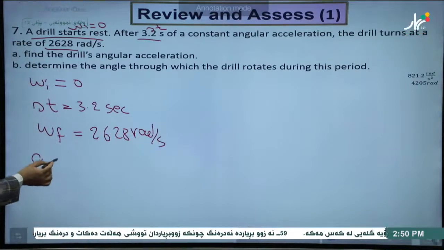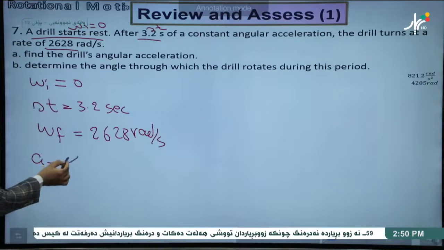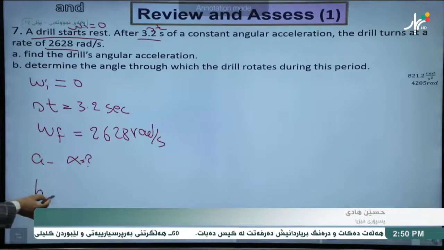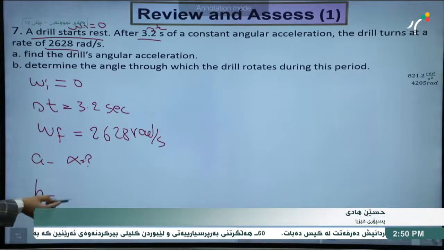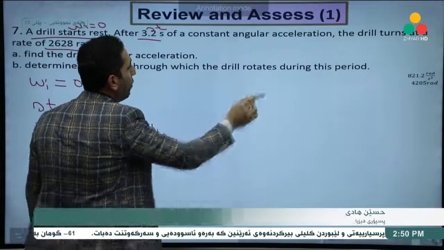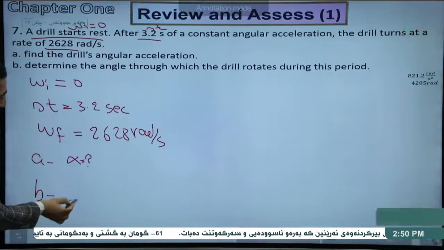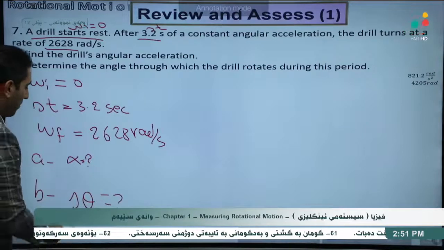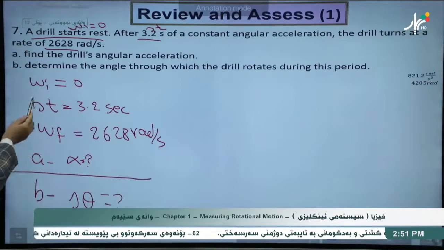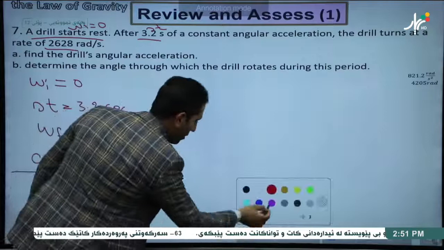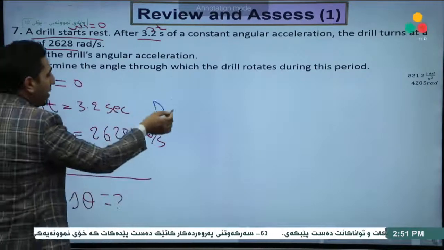A, find the angular acceleration. And B, determine the angle through which the drill rotates during this period. Find the angular displacement, delta theta. Okay. We have omega initial, delta t, omega final, and alpha. We don't have delta theta.